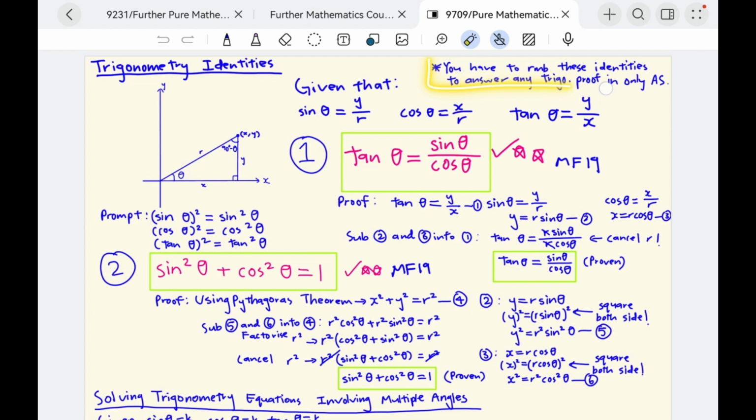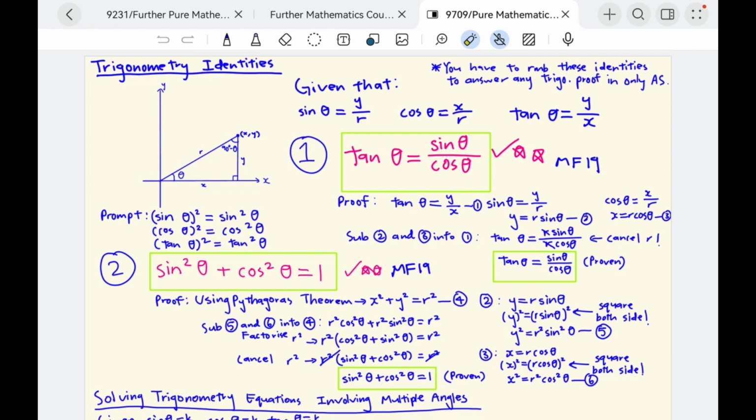As I write the fact over here, I need to make a disclaimer that since these two exist in the MF19, you have to remember these identities to answer any trigo proof only in AS, which means that you need to use only these two facts to answer the trigonometric proof in your AS examinations, especially for the pure mathematics one.